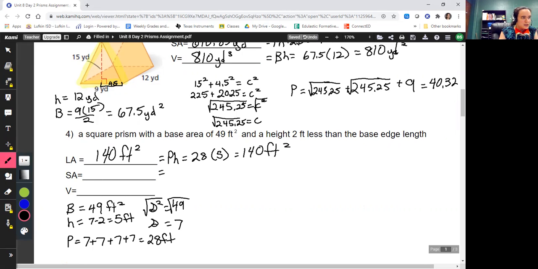And our total surface area is perimeter times height plus 2 times the area of our base. So 28 times 5 plus 2 times our area for our base, which is 49. It's 238 feet squared.